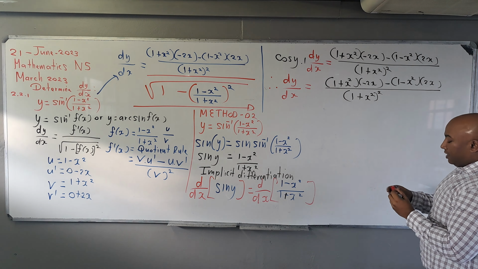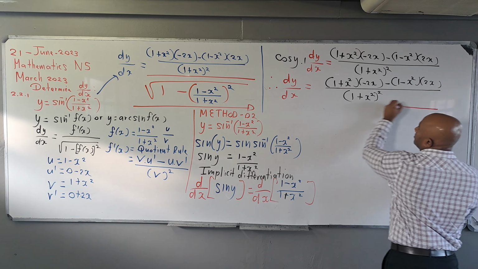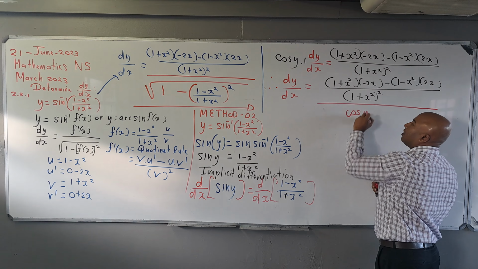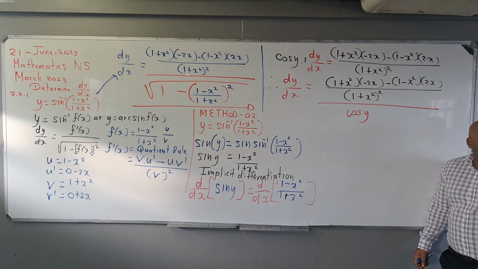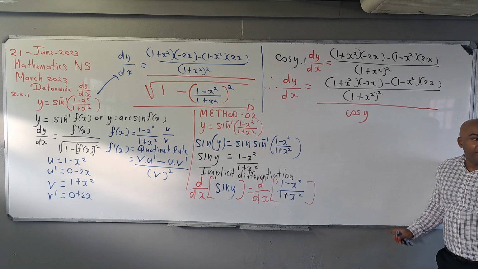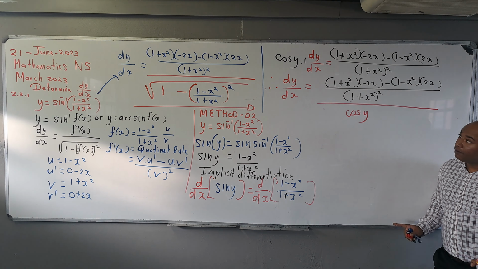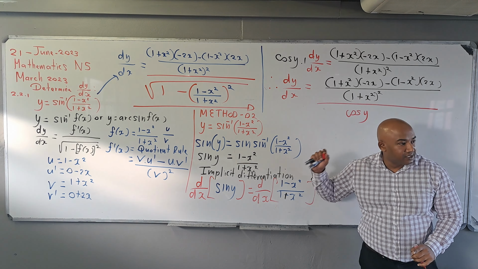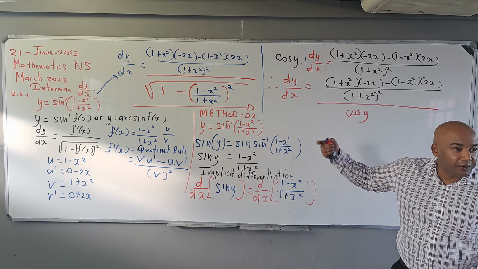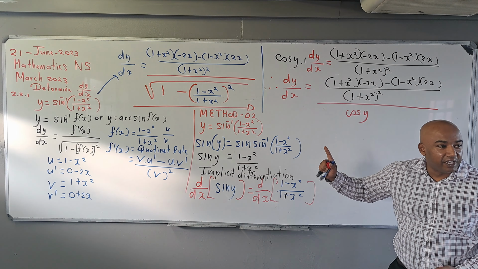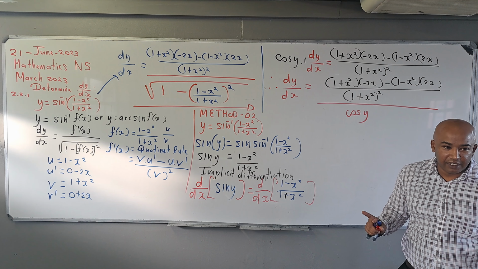And this whole thing is divided by cos y. And at this stage, you deserve full marks. Why? Because you have followed the instruction. The instruction was find dy over dx. Simplification is not required. Now clear with that?